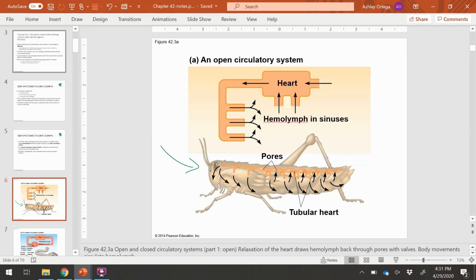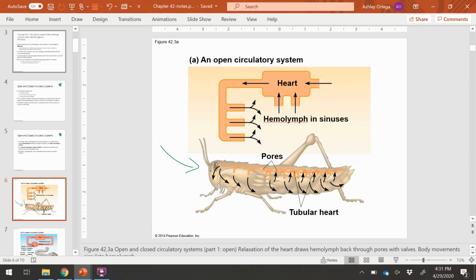And so what happens here is that the heart will pump the hemolymph out through these vessels. These vessels will spread that hemolymph over the organs and bathe those tissues in this hemolymph. And then relaxing the heart is going to open up those pores on the heart for the hemolymph to circle back into the heart. And so those pores on the heart have valves.